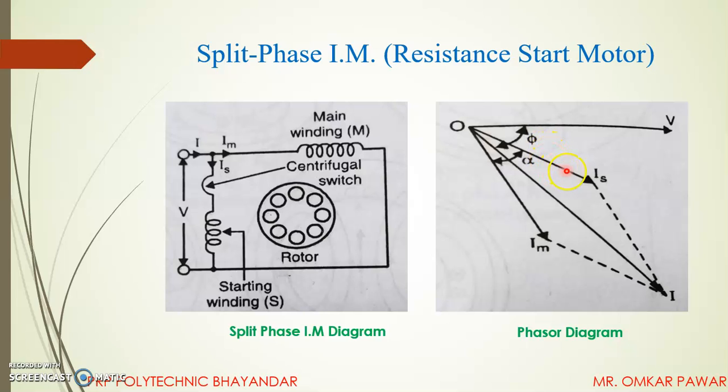So there are two currents now, the starting winding current and the main winding magnetizing current. These two currents create magnetic fields with a phase difference by some angle, which is sufficient to produce a rotating magnetic field. That rotating magnetic field is sufficient to start the induction motor.